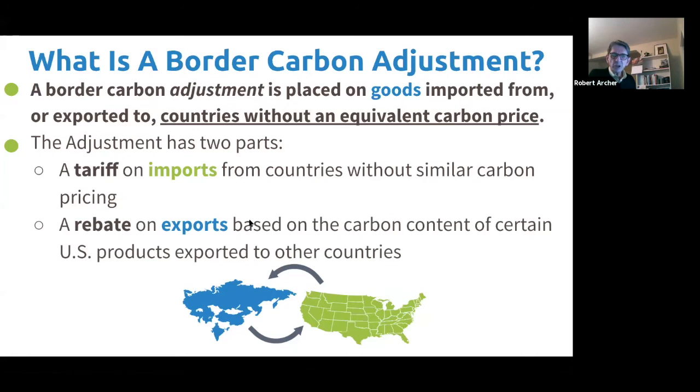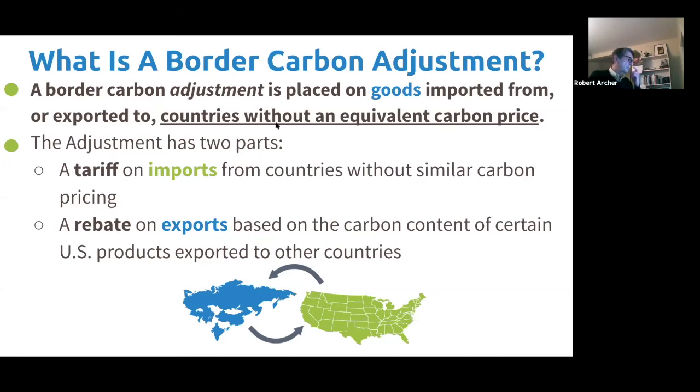They can export to the US and undercut the US firm that has higher costs due to the fee. So we impose a tariff on the Brazilian import to level the playing field. When a US company tries to export to Brazil, it won't be competitive. So a rebate is paid to the US company based on the carbon content of its exported product. If Brazil establishes its own comparable carbon fee, then there are no carbon duties or rebates either way.